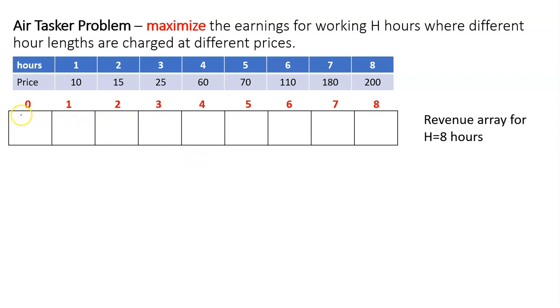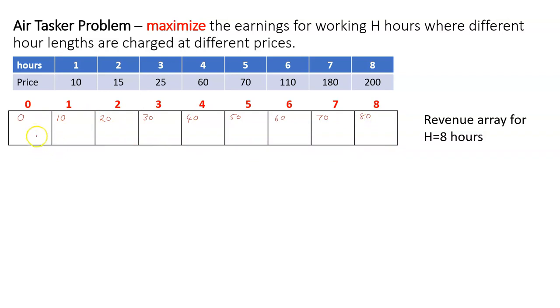To begin with, let's just initialize the array with what we have here. For 0 hours, we can earn $0. For 1 hour of our time, we can earn $10. And if we just multiply each hour allocation and take only 1 hour jobs, we can make $20 for 2 hours, $30 for 3 hours, $40 for 4, $50, $60, $70, and $80 to sell 8 hours of our time in 1 hour chunks.